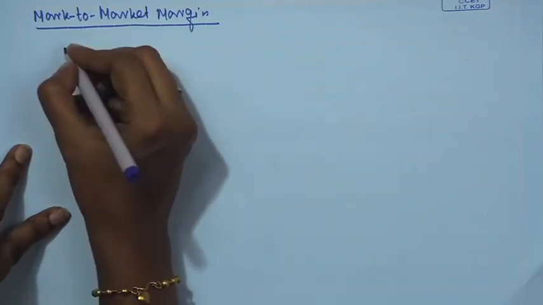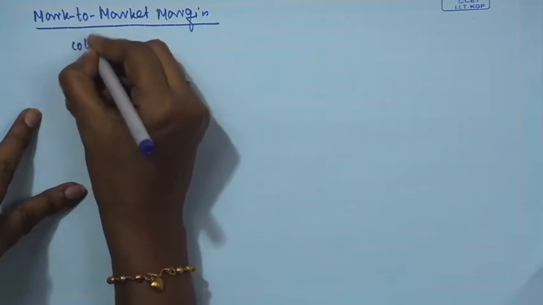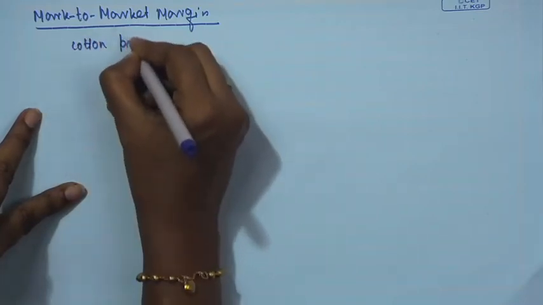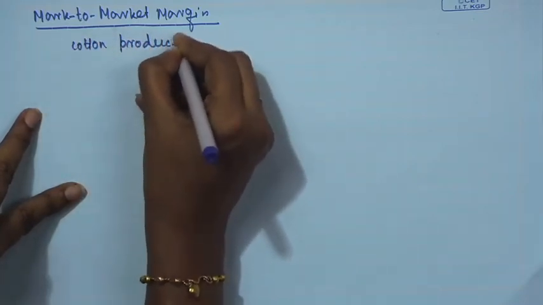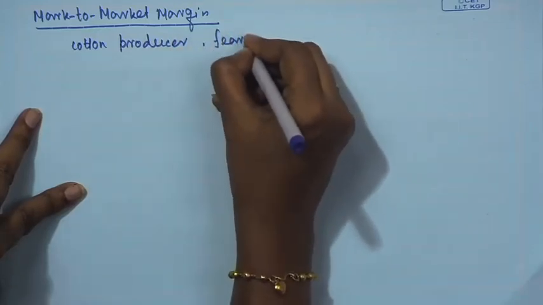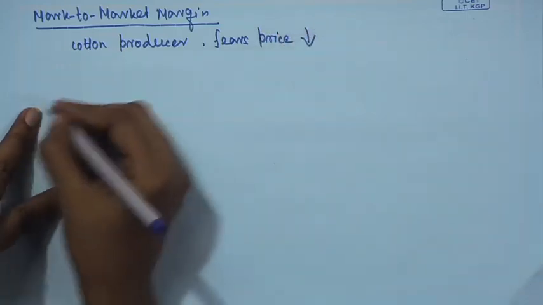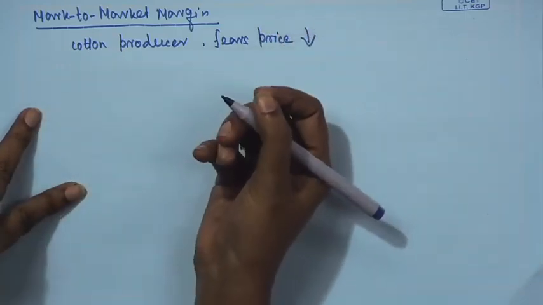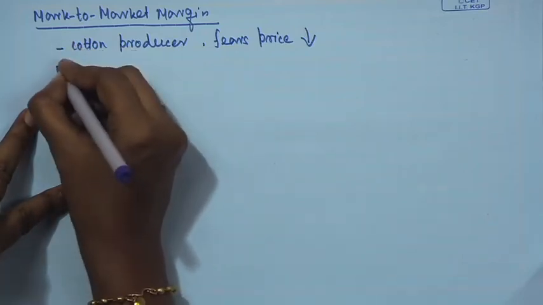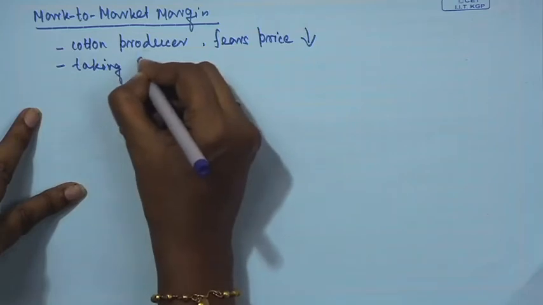Let's go back to our example of a cotton producer. What is the fear of the cotton producer? The cotton producer fears price will go down in future. How will he mitigate this risk? By taking a short futures contract.